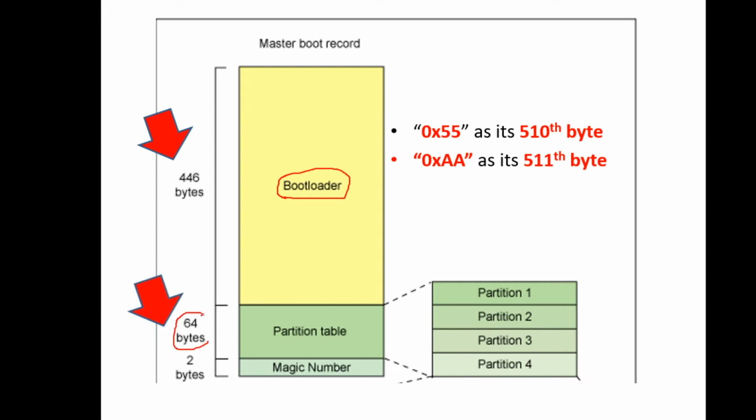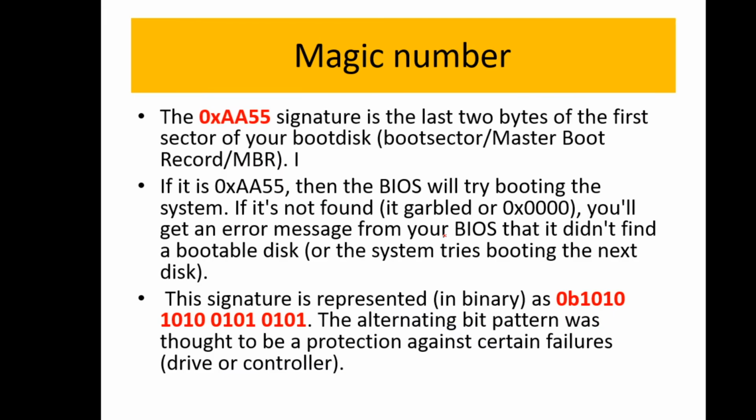The partition table information will be kept in this, and the last 2 bytes are used for the magic number, which here is 0xAA55. So 0xAA is kept in the 511th byte, and 0x55 is kept in the 510th byte. This is how the master boot record structure appears.